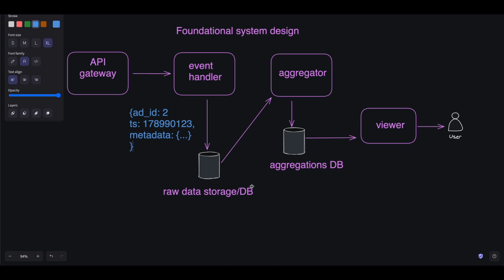or data storage even. It's gonna be not a database but just a file on some hard drive or SSD. Alright, so basically what we do in our event handler, we get click events and we just flush them into this raw data storage database. We can do it in batches to make it more efficient.